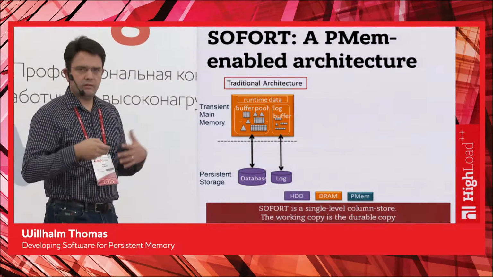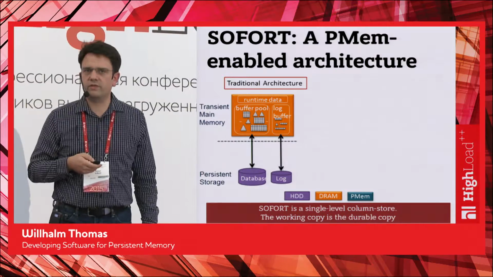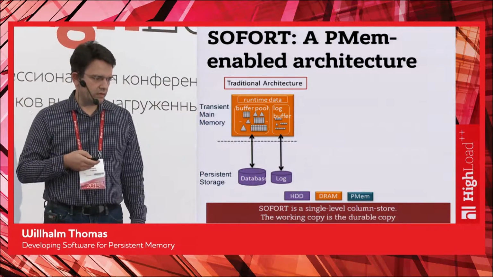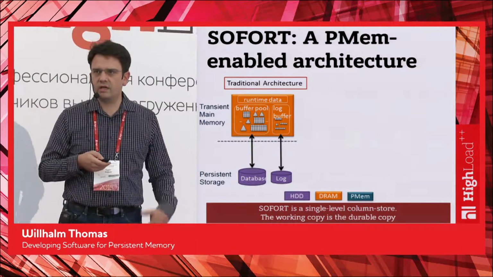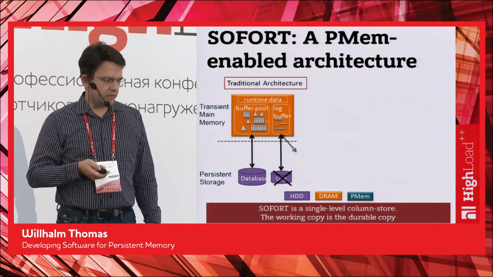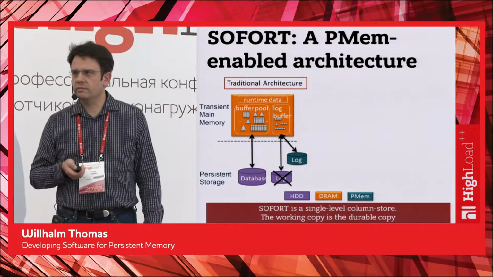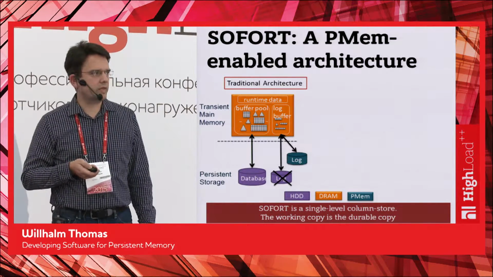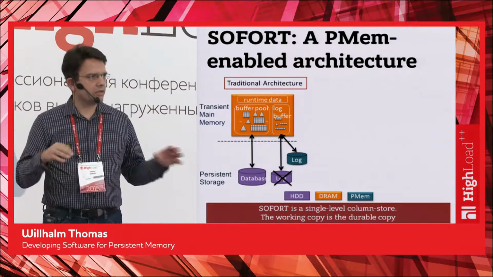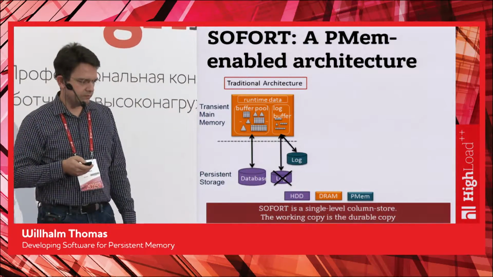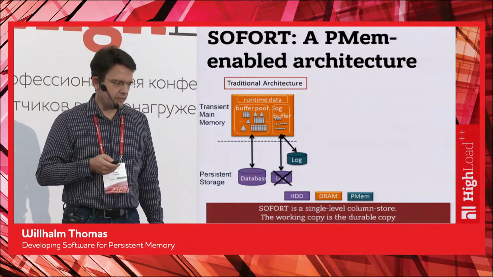So this is a simple picture of a traditional database with a persistent storage where we keep the copy of the data, and we have a log volume. So we will eliminate the log. This scared some of my database colleagues, who said, "Oh, we need the log." No, we eliminate the log and do micro logs instead in persistent memory.